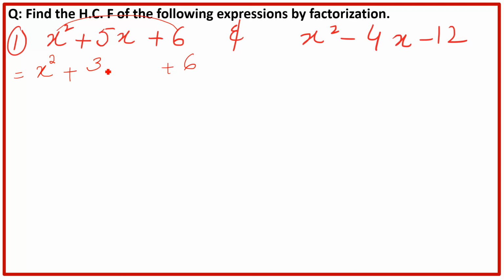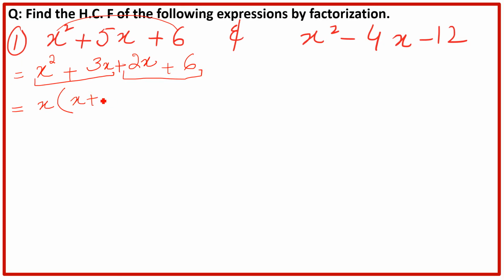So it is 3x plus 2x. So see, 3x plus 2x is equal to 5x. But when we multiply 3 times 2, it is 6x square, which is the product of the first and last term. And we have discussed this in detail in the last chapter. So x we will take as common.